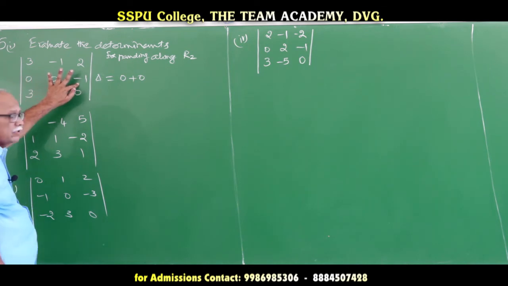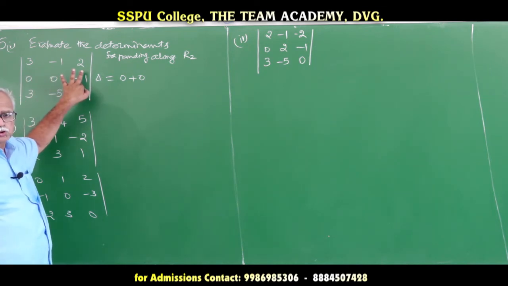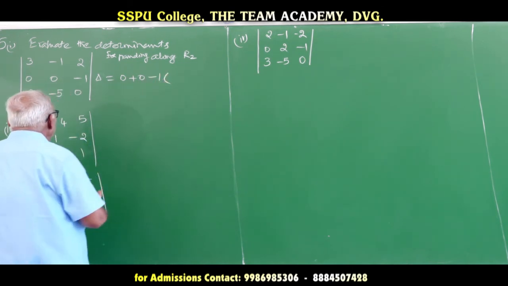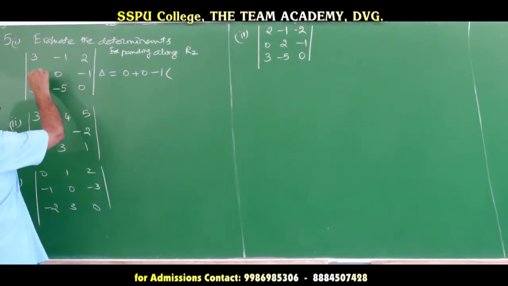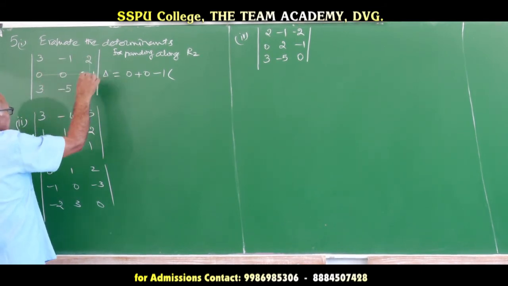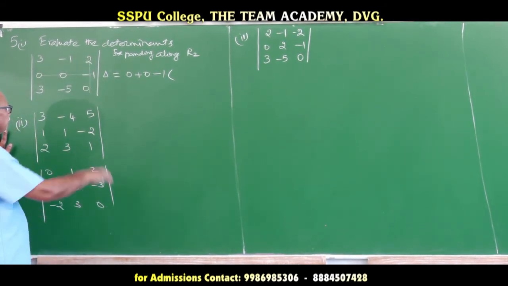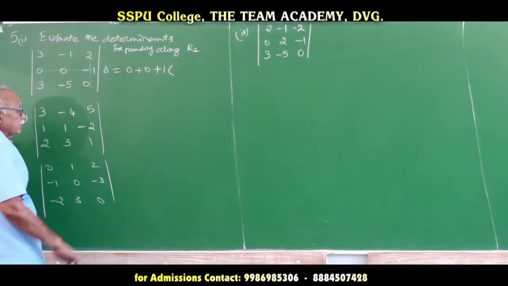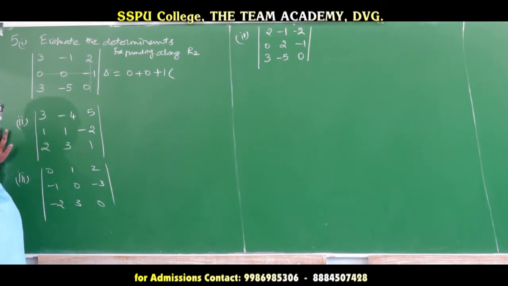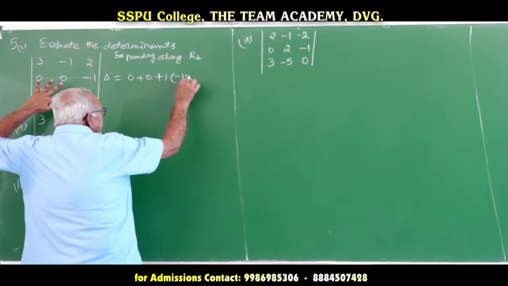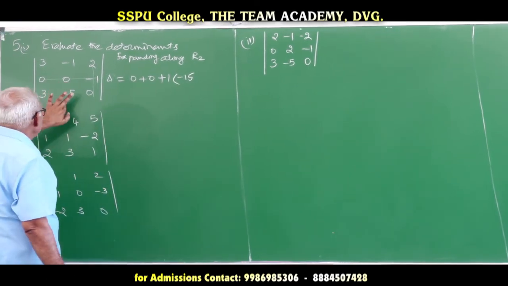So, third element, what is the sign that we have to take? 2, 3. So, here you will get minus 1 into. Now, eliminate the second row and third column, 2, 3. So, here 2, 3 means minus of minus 1, you will get plus 1. So, 3 into minus 5, that is minus 15.